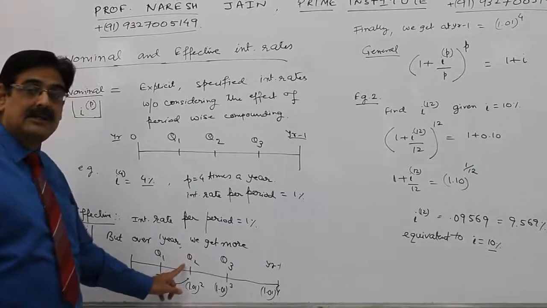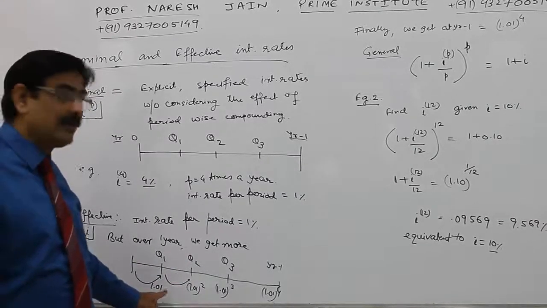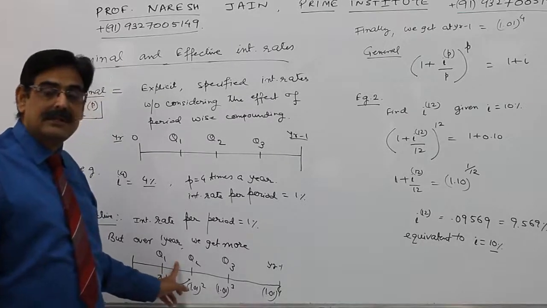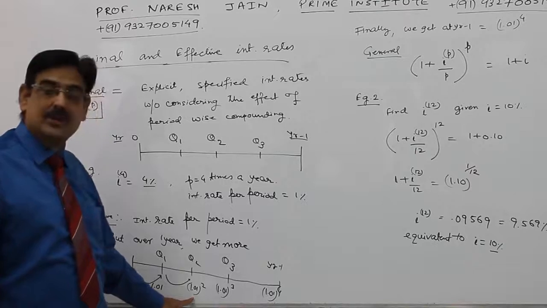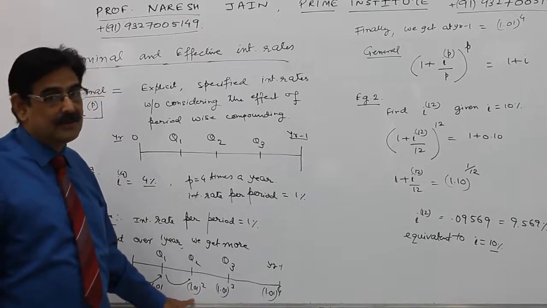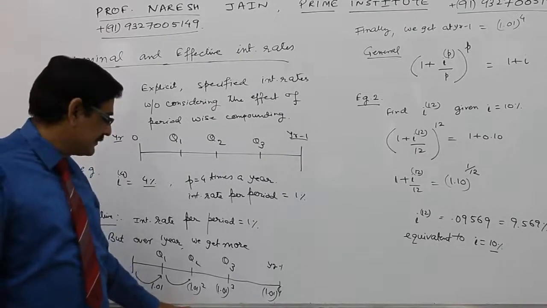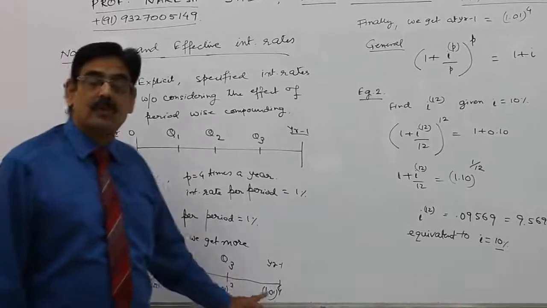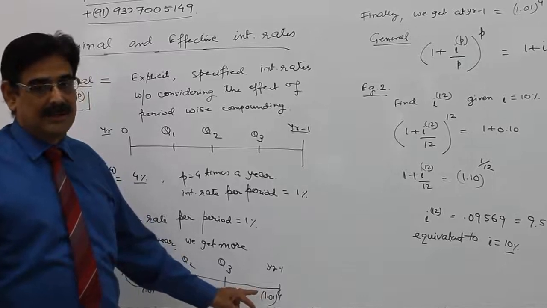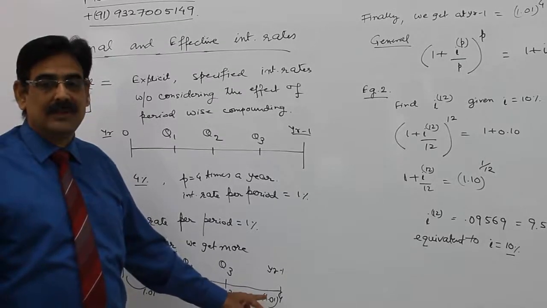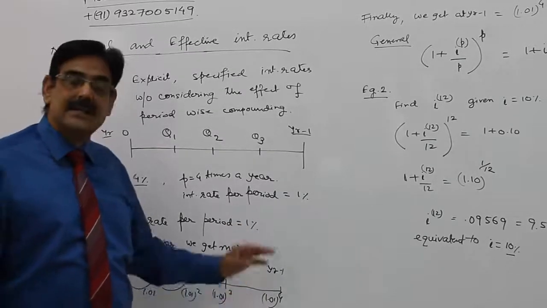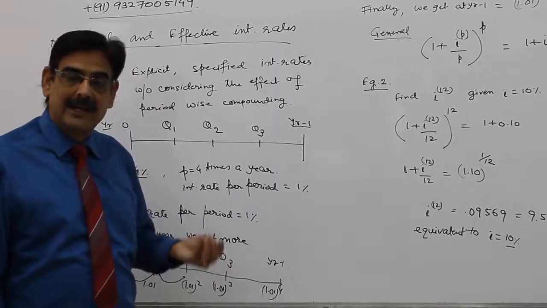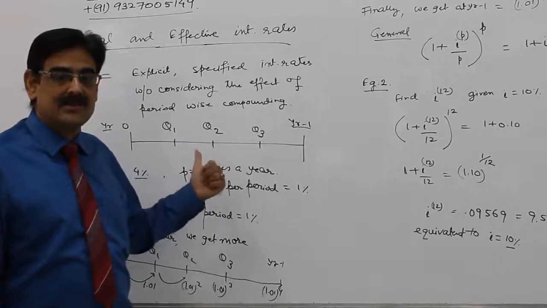For the second quarter, the principal becomes 1.01, and again 1% is earned, so you get 1.01 squared at the end of 2 quarters. Proceeding the same way, at the end of a year what we get back is 1.01 raised to the power 4. That effectively means the effective interest rate that we get is always higher than the nominal interest rate.